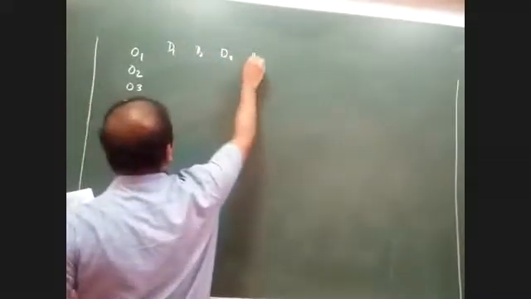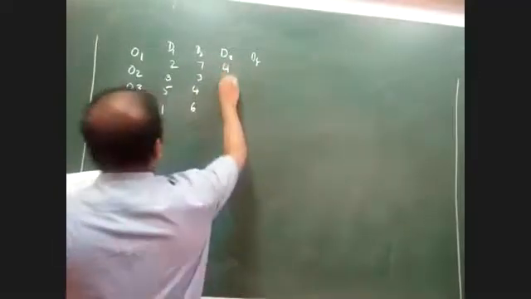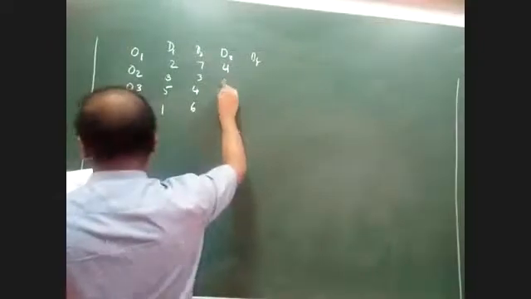Okay, so let me just write the question. The question is given like this: origins O1, O2, O3, O4, and destinations D1, D2, D3, with costs 2, 3, 5, 1, 7, 3, 4, 6, 4, 1, 7, 2.